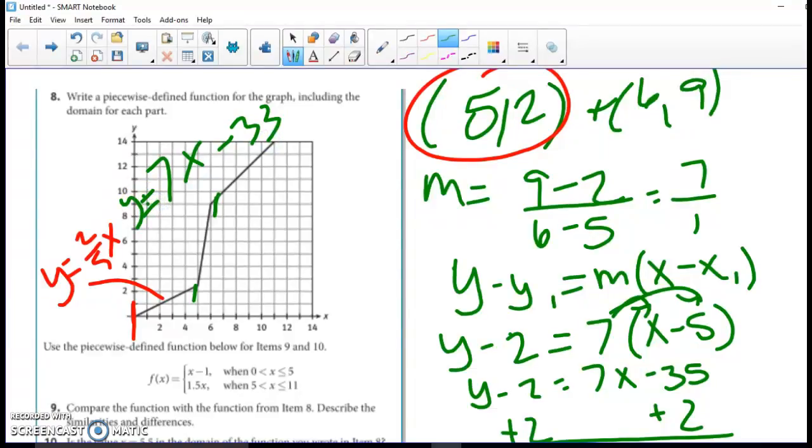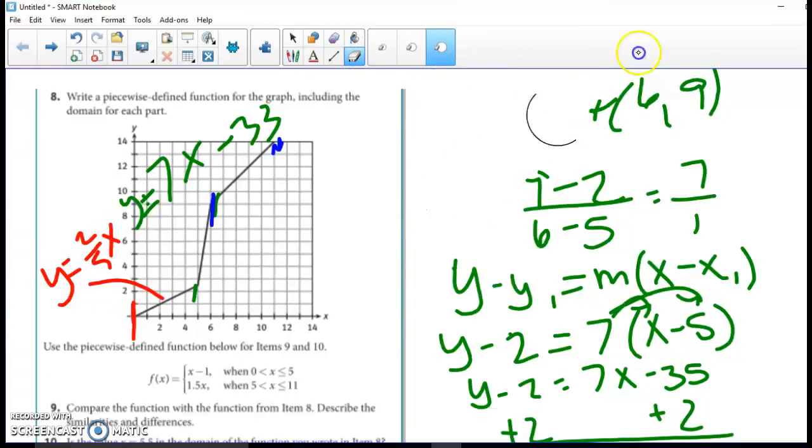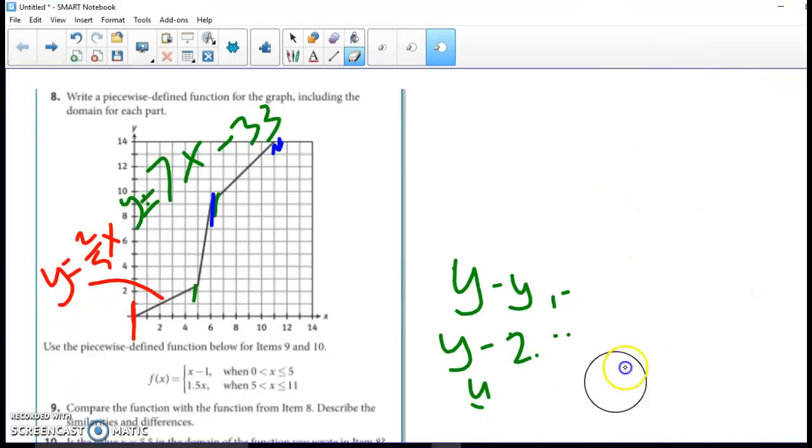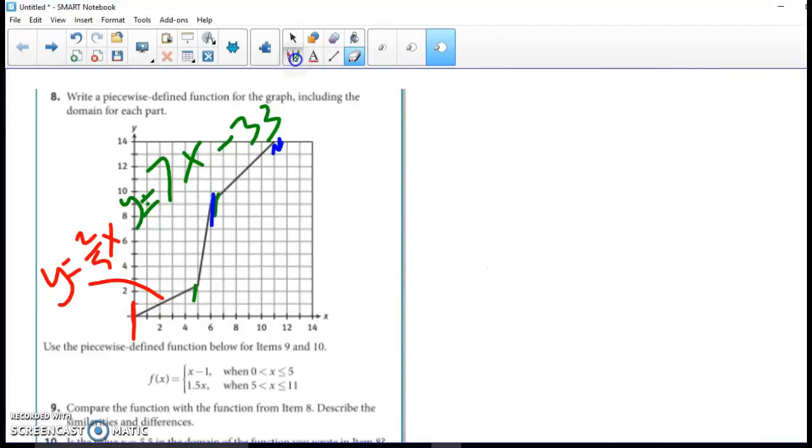And then we're going to find the equation for the last segment of the graph. So that goes from 6 to, let's see, what is that, 11? So we're going to repeat the process. We're going to pick our beginning point.